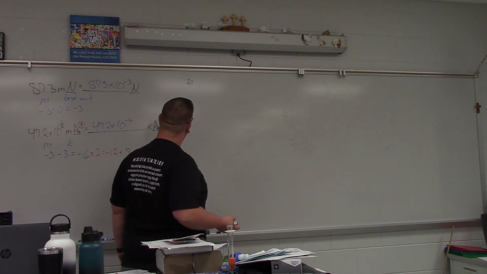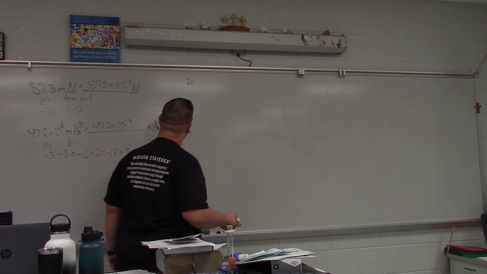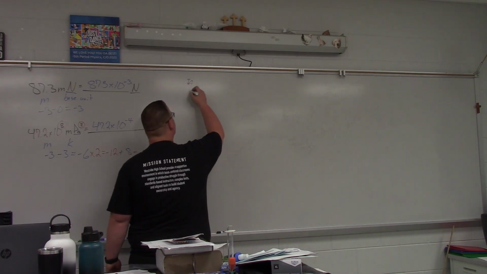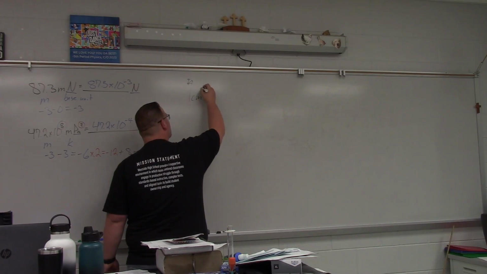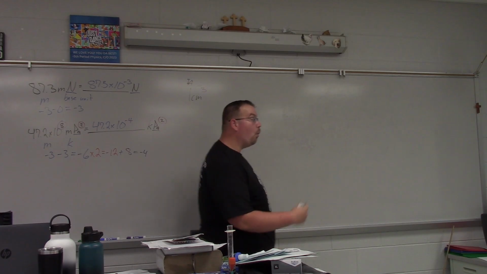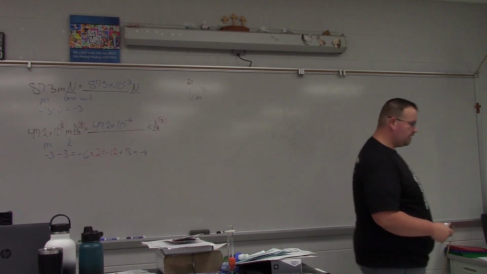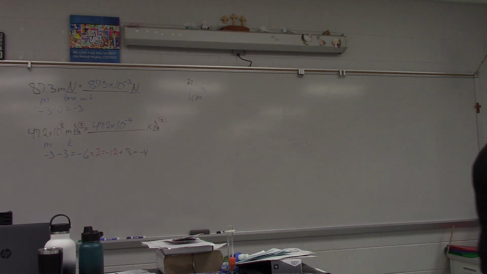Miss Morgan would like have a cow right now looking at that. That is disgusting. Well, I'm not an art teacher. I'm saying it's 1 cubic centimeter. 1 cubic centimeter forms a cube. If we have a cube that is 1 centimeter by 1 centimeter by 1 centimeter, we have 1 cubic centimeter.